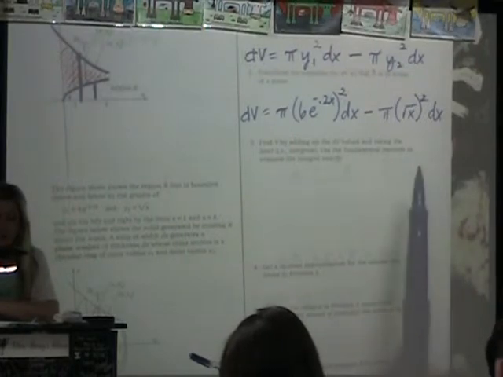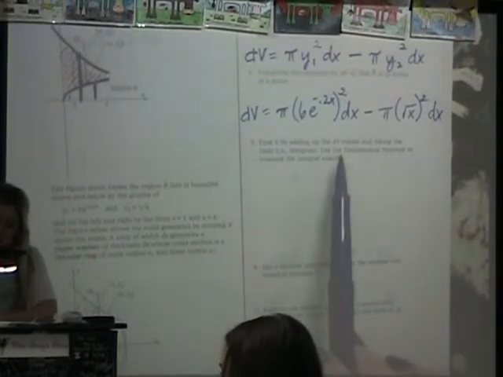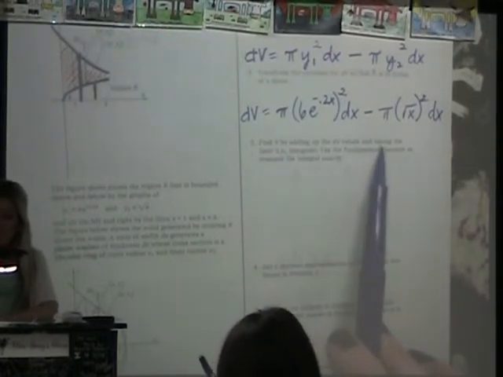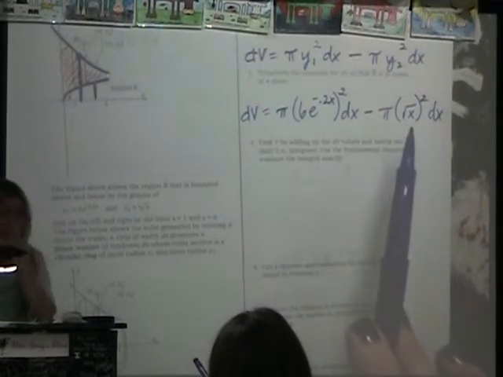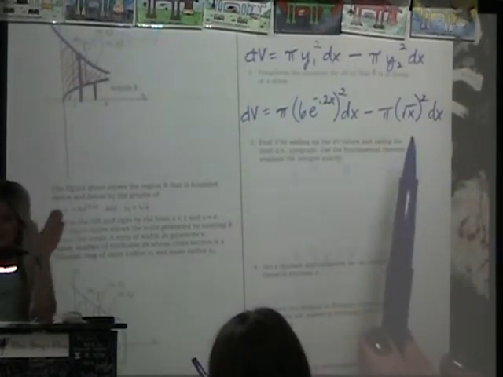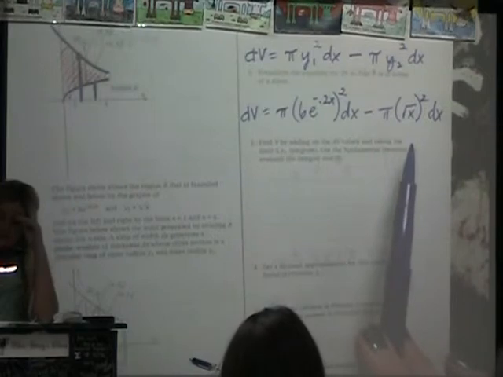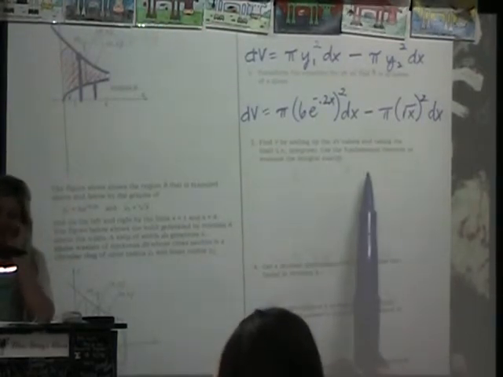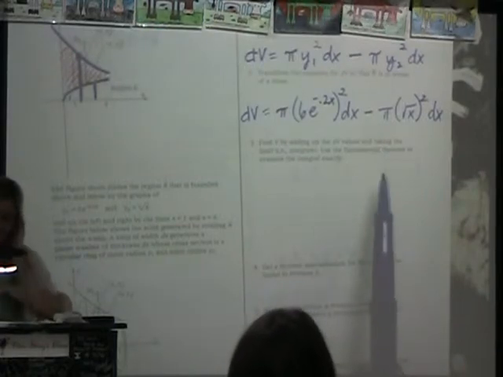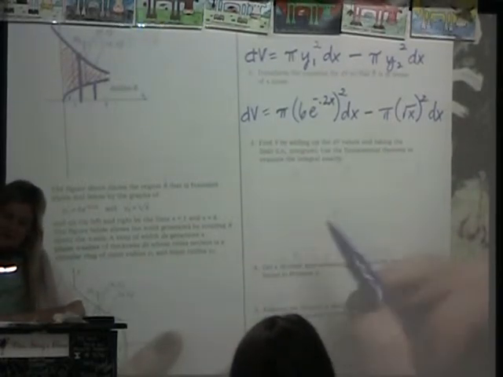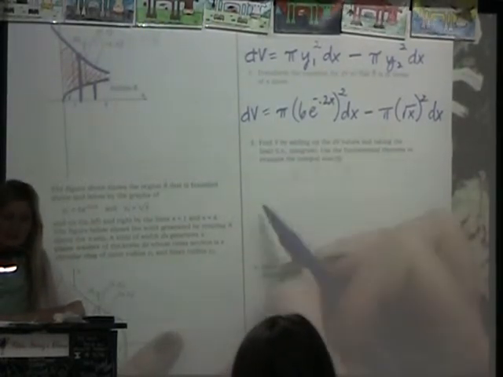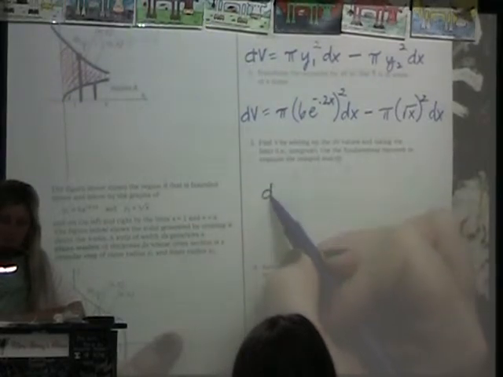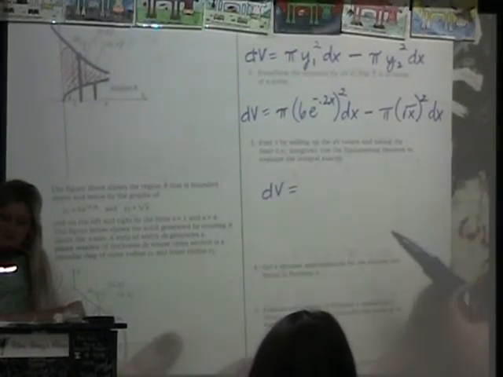And so now they want us to add up all the dv values. This is just for one little disk. We want to add all the disks up and take the limit as the number of disks approaches infinity. And so that means, let's actually clean it up a little bit before we do the transformation.